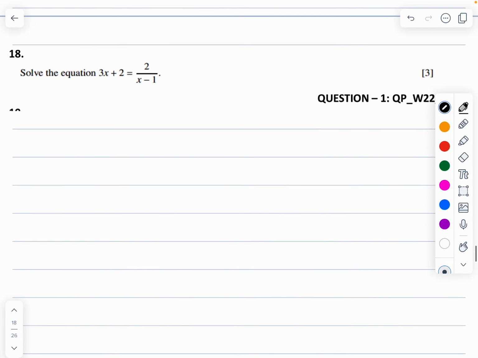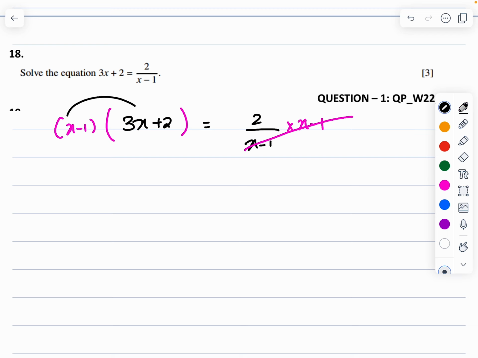Next, 3x plus 2 equals 2 upon x minus 1, multiplying by x minus 1 on both sides. So that x minus 1 cancels. Expand it out, it becomes 3x square plus 2x minus 3x minus 2 equals 2.